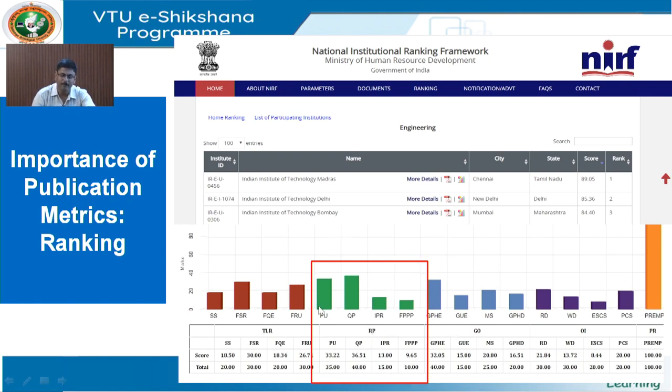In that, the number of publications indexed in Scopus and Web of Science gets around 35%, and quality publications, which are the citations for these papers, take a 3-year window, so that is around 40 marks. So a total of 75 out of 100 is given to your publications. That is where research publications, or scholarly publications, play an important role in these ranking frameworks.